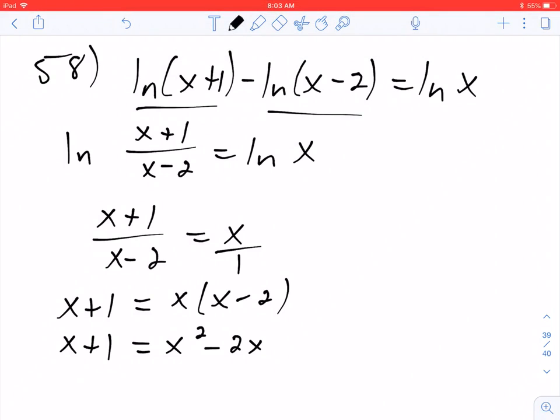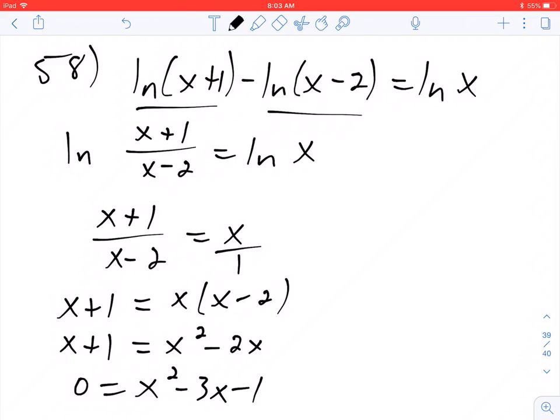Now we're going to move all the stuff over to one side. So we have x squared minus 3x minus 1. From there, we have to utilize the quadratic formula to solve this, since it won't factor.